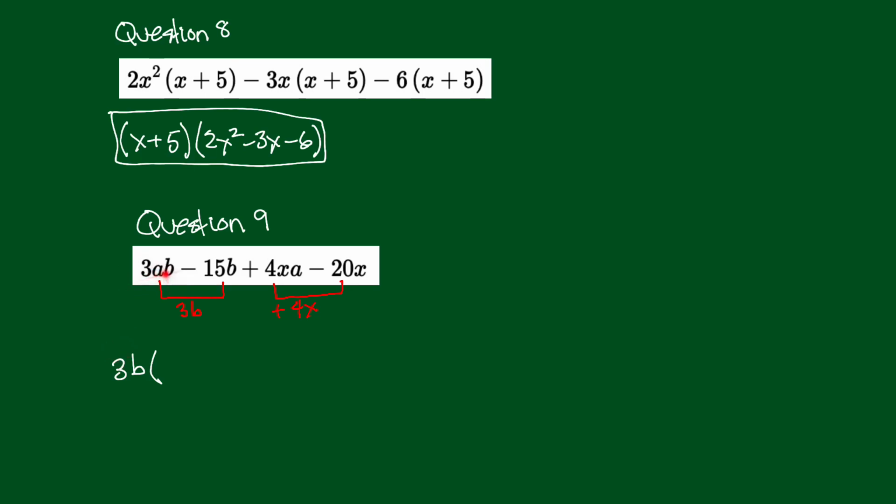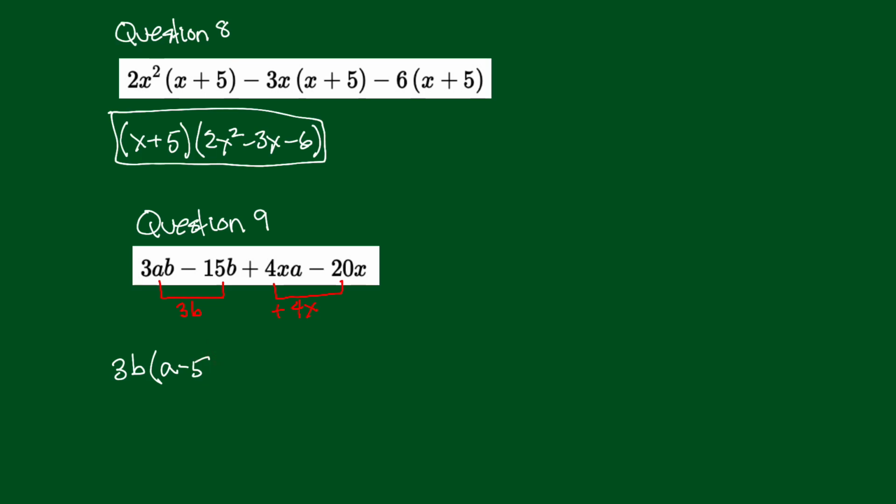There was an AB, we removed the B, so what's left is an A. And then, negative 15 divided by 3 is negative 5, so I'll write a minus 5. And there was a B, but we removed it. So that's it, it's 3b and a minus 5.